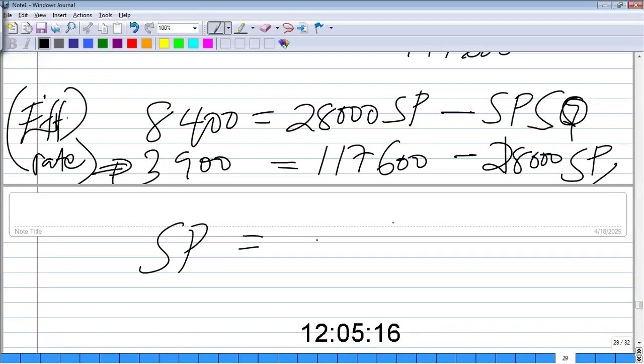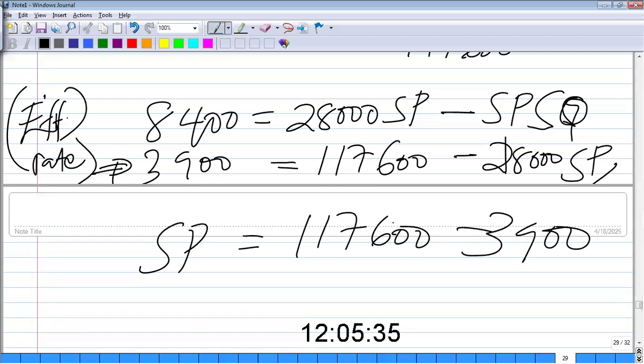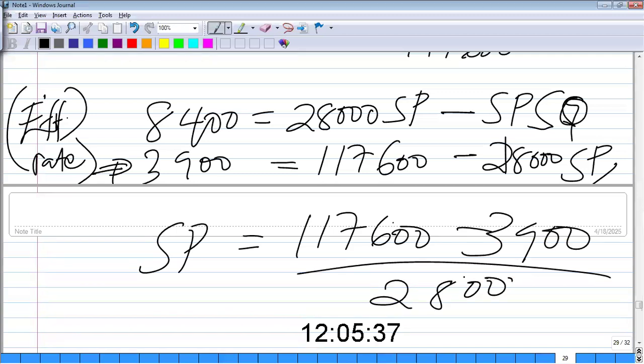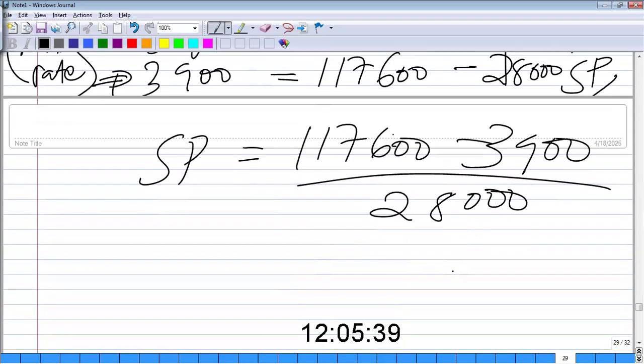That means our actual has to be greater than the standard for this one to be positive. So this will be 117,600, minus 3,900, divided by 8,000. What do we get?